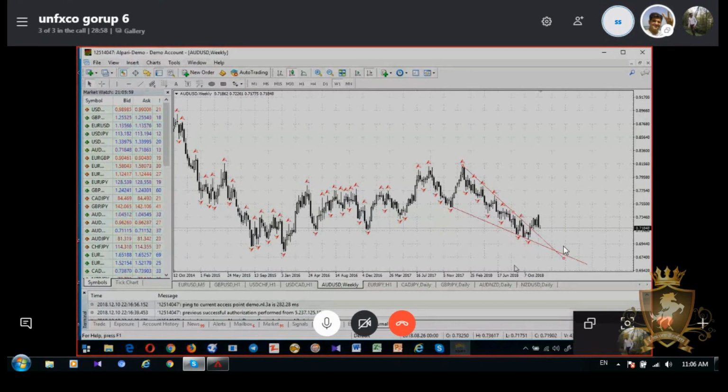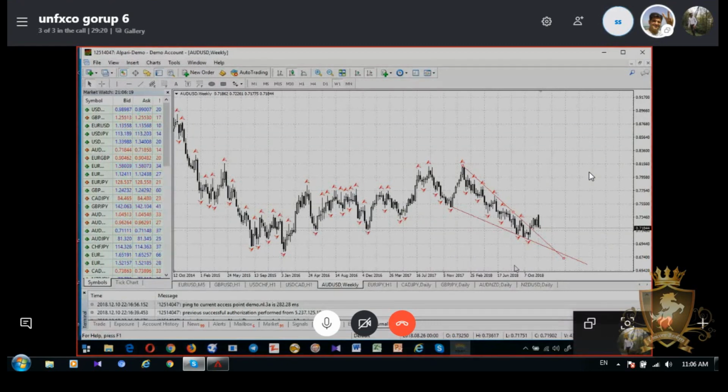So why would you buy? According to your trend line, it would be wrong. According to a trend line, you would buy, and then your price goes down and it would be negative. And your account would be at risk. And the time it would be failing, it would go back up.